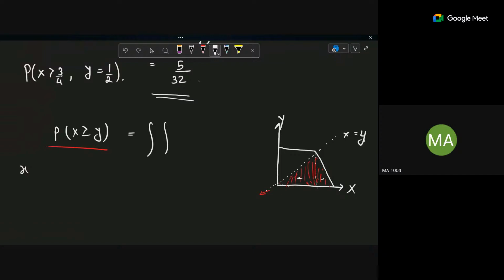Separately, you have to calculate, because the equation of y is changing due to this line and this line. So in this way, you can calculate the probability of x greater than or equal to y. Okay, did you get it?